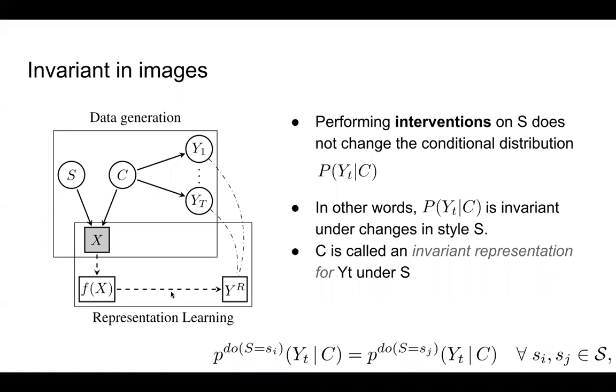The do calculus basically means that we force the style S to be some certain value, like here Si or Sj. It shouldn't change the conditional distribution of this label given the content.